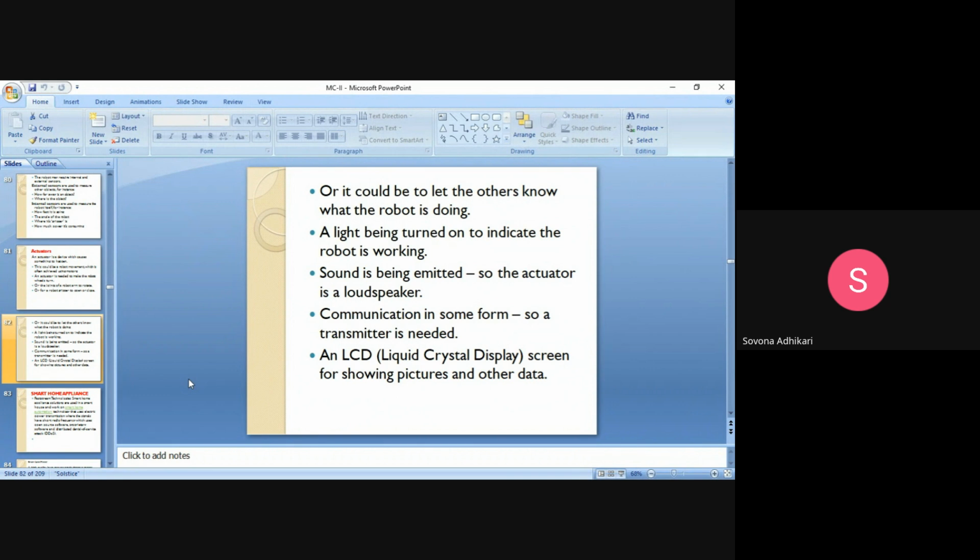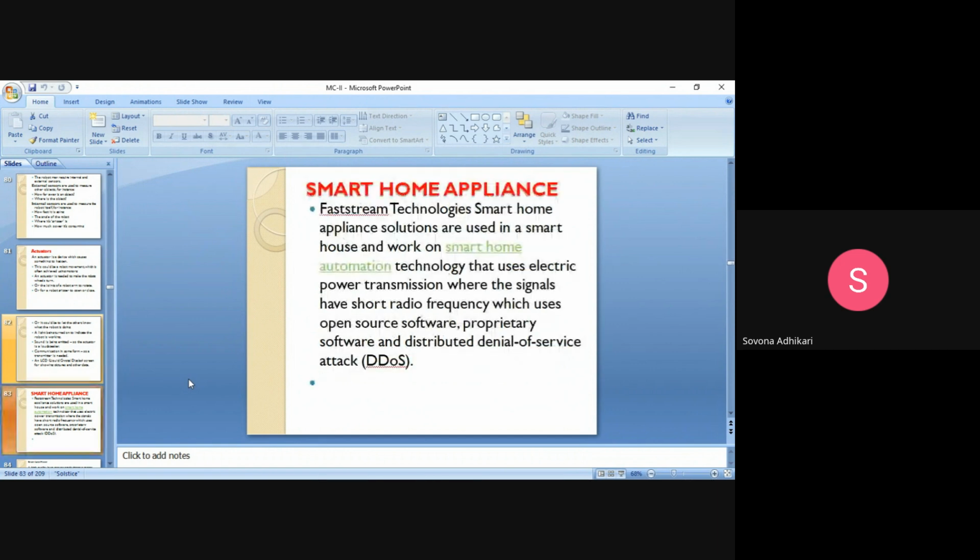For communication, a transmitter is needed, and an LCD screen displays pictures and other data. So these are actuators and sensors.